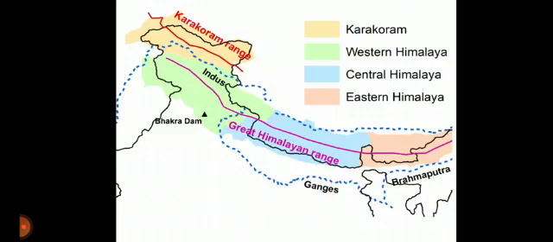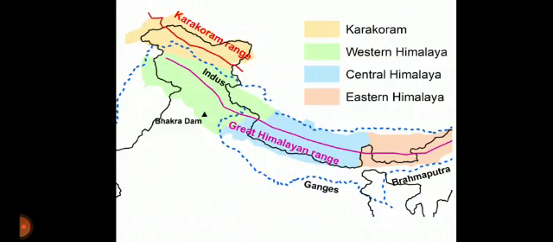Here you can see the Karakoram range. It is in the north part of India. Then we can divide the Himalayas into three parallel ranges.